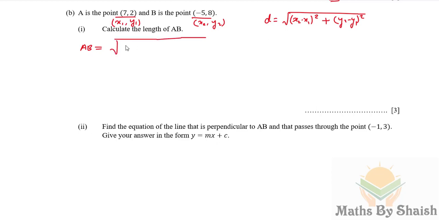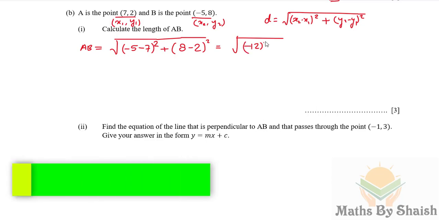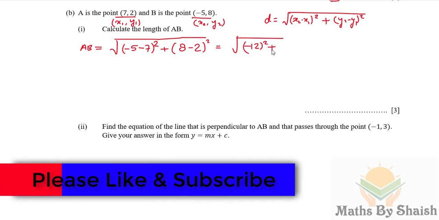x2, that is minus 5, minus x1, that is 7, whole squared, plus y2, that is 8, minus y1, that is 2, whole squared. Minus 5 minus 7 is minus 12, so minus 12 squared, plus 8 minus 2 is 6, so 6 squared.